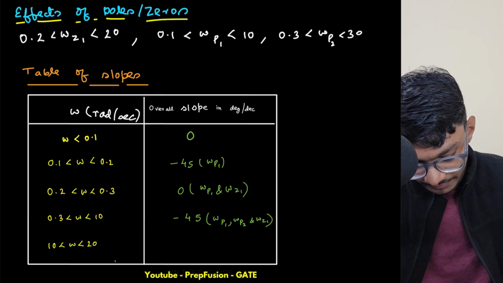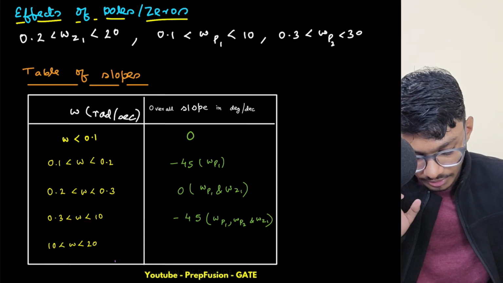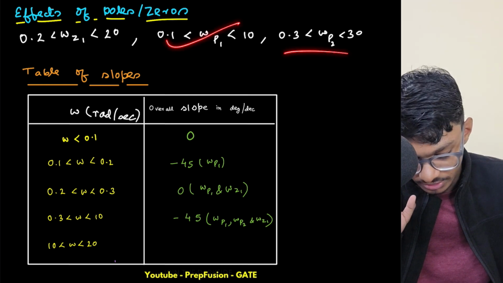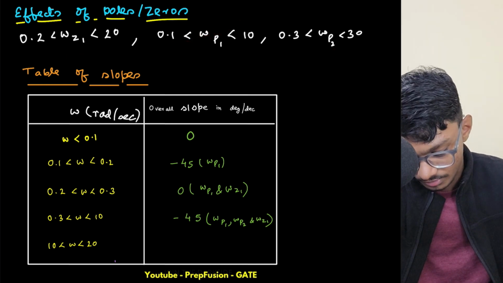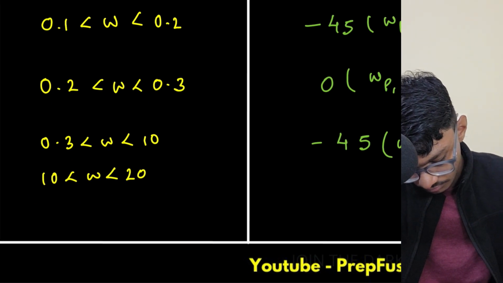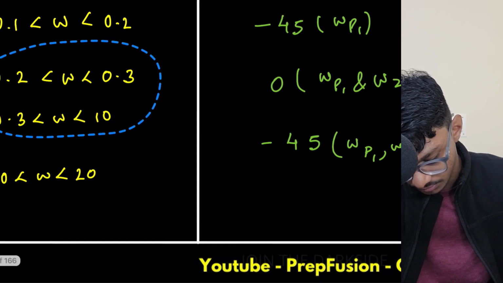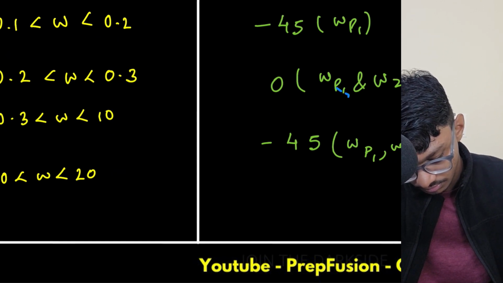So this is minus 45. Now what is happening between 10 to 20? The effect of this one is gone, only the effects of these two are present. So again my slope will become 0. Again my slope will become 0. Take this one a bit above.